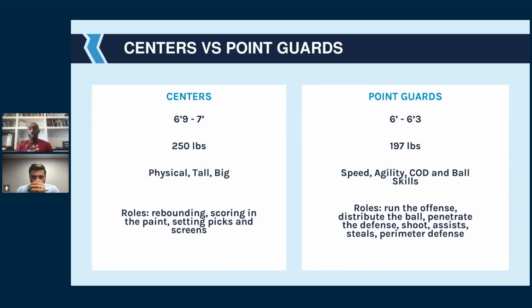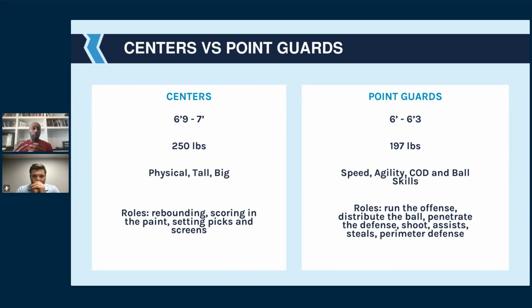So I just wanted to have some numbers for you guys. That's why I chose the NBA. In terms of height, we're talking about 6'9" to 7 foot on average, and the average weight is about 250.